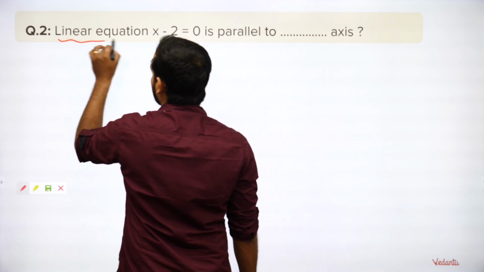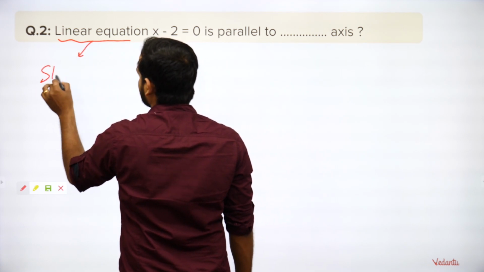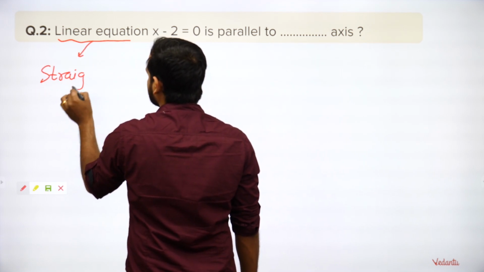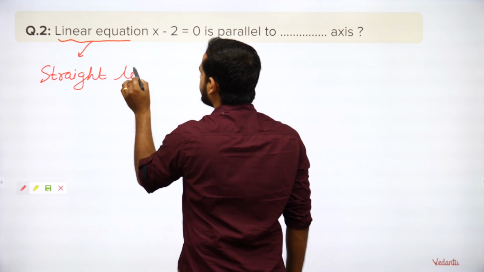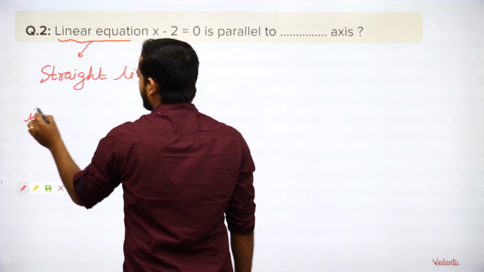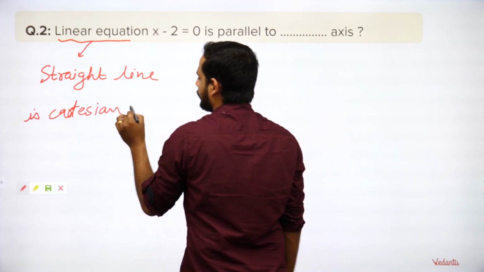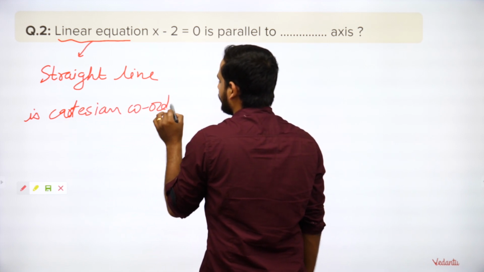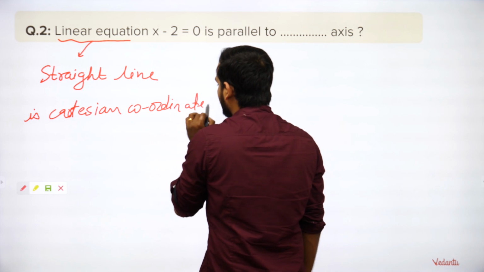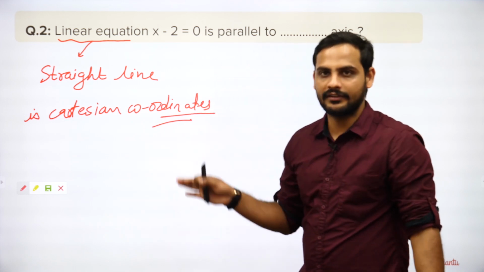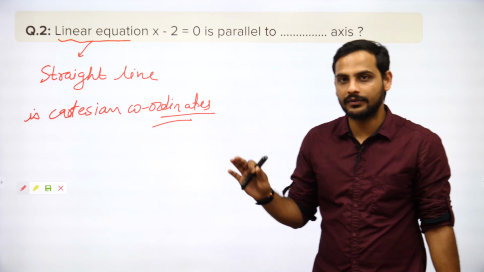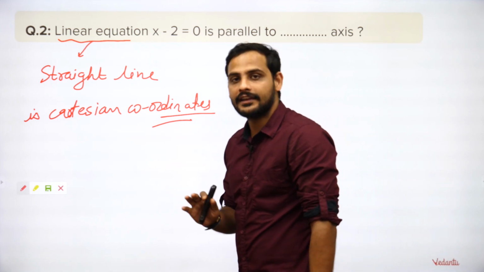So the graph of this linear equation is what? A straight line in Cartesian coordinates. Cartesian coordinates are what? Your x and y plane.